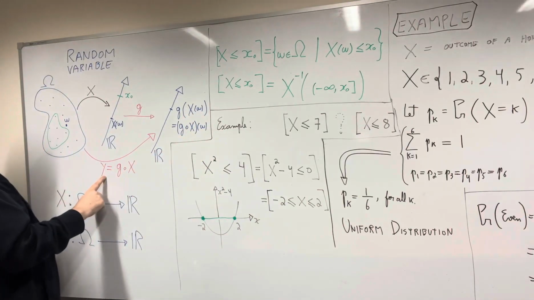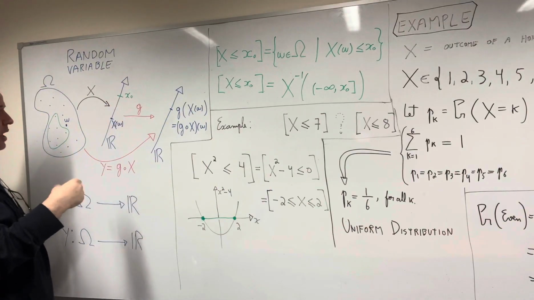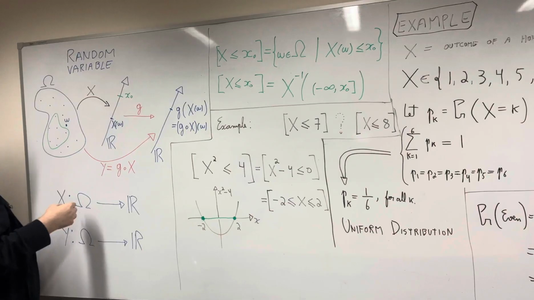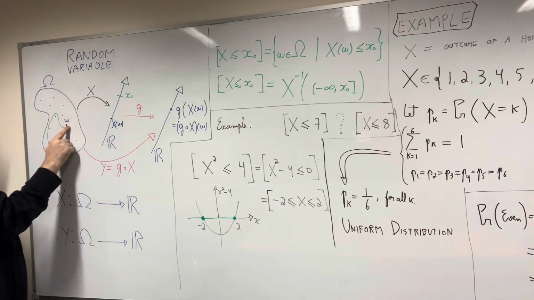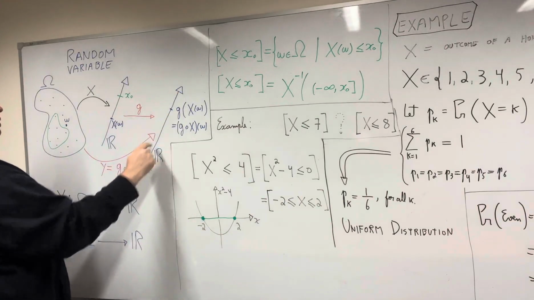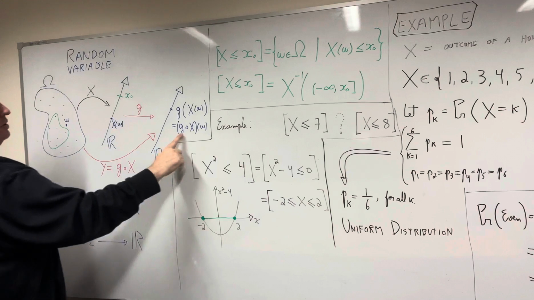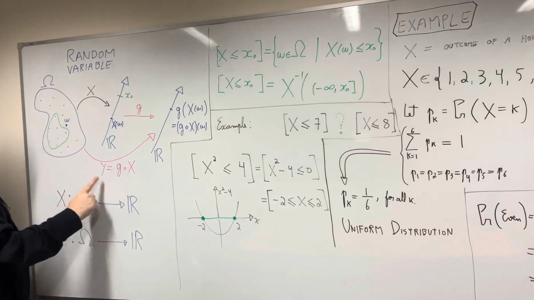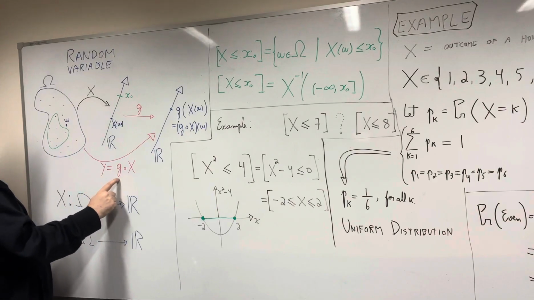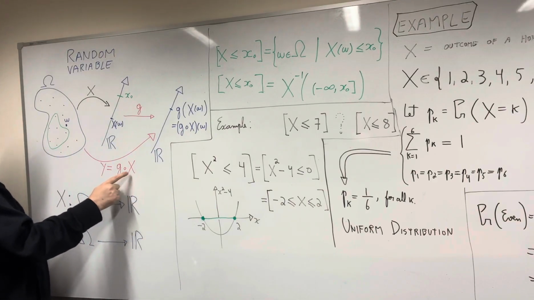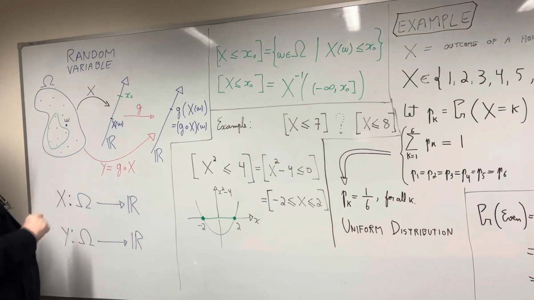Okay, and then we can think about this two-step process as another random variable, because in the end we are mapping points of my sample space, like little omega, into a real number. So this is a real number. Okay, so we think about this composition as capital Y equals, first you apply x and then you apply g. So this is another random variable.